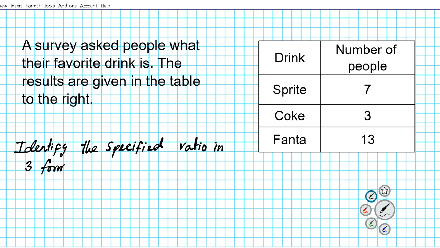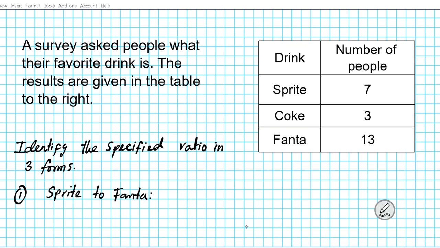Okay? All right. So for the first question, what if you were to identify the ratio of Sprite to Fanta in three forms? Sprite to Fanta. All right. Let's start with the word form, and then we'll do standard form and fraction form.